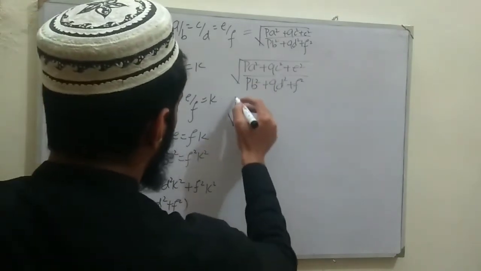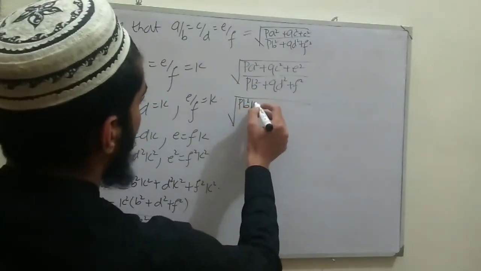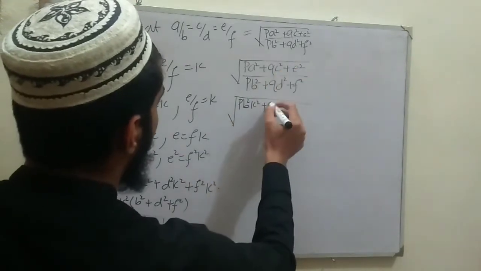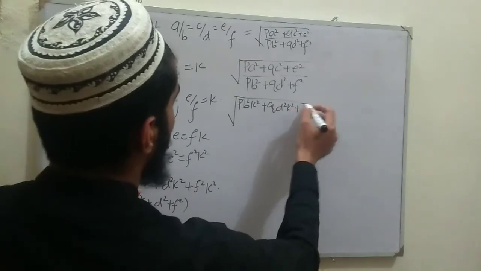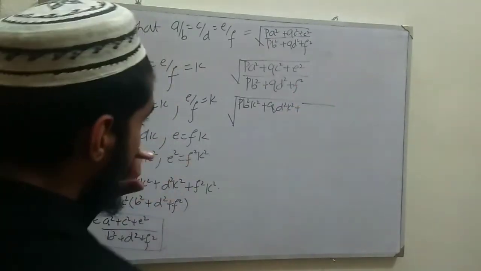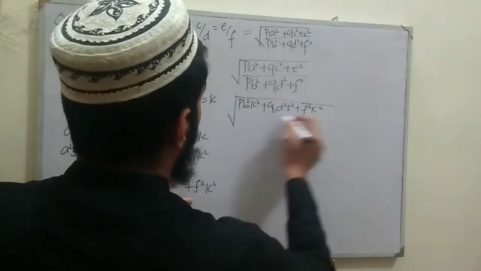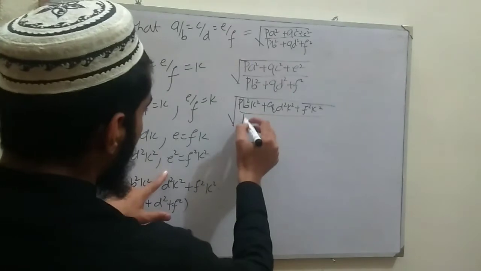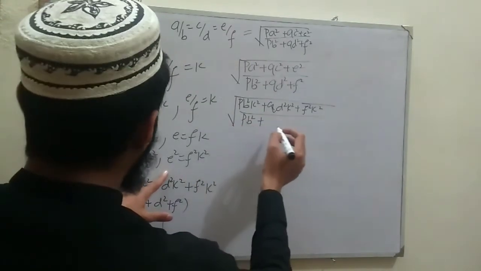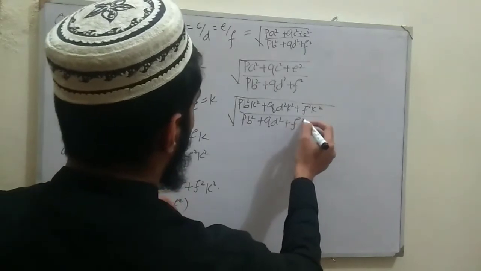So it becomes p times a square is b square k square plus q times c square is d square k square plus e square is f square k square, divided by p b square plus q d square plus f square.